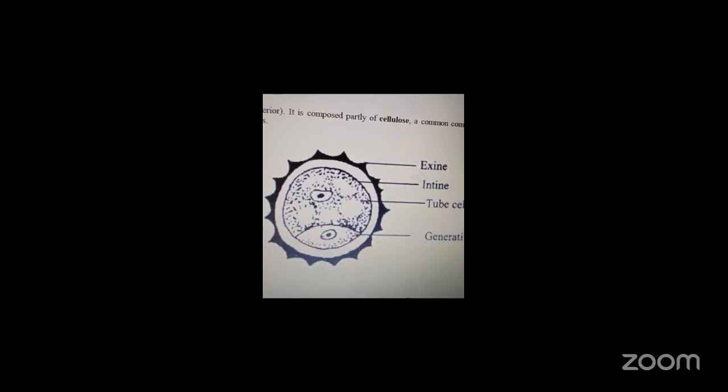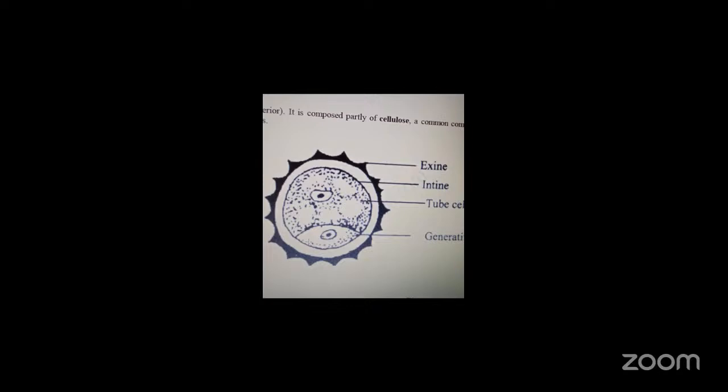Clear? Now coming to the structure and types of megasporangium, that is the female gametophyte. The process of formation of megaspores from the megaspore mother cell by meiotic division, that process we know as megasporogenesis, which takes place in the ovule.